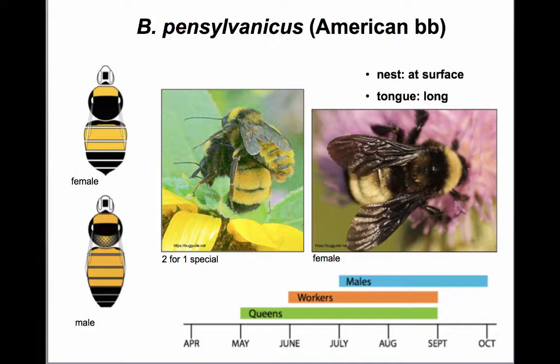And the hair on the back of the head is black in this species as compared to the yellow hair on the back of the head in Bombus auricomus. Otherwise, they're fairly similar looking, long-tongued bees and large, dark wings, very distinctive looking bees, and they emerge a little later in the season compared to Bombus impatiens and bimaculatus and fervidus.